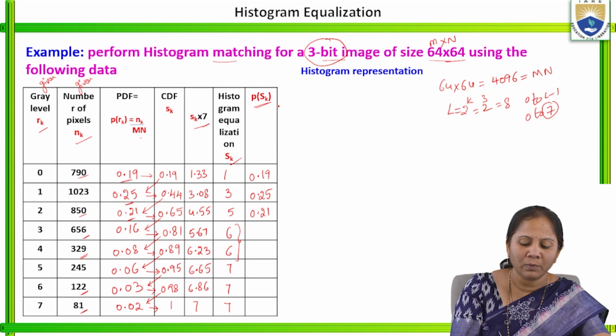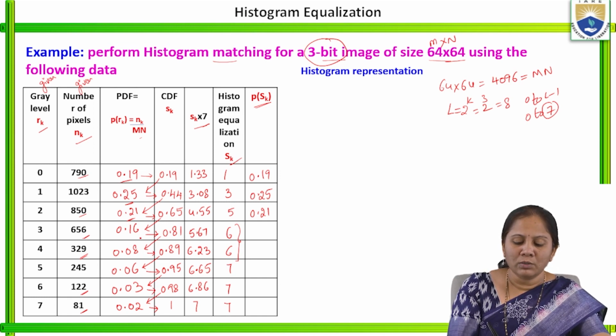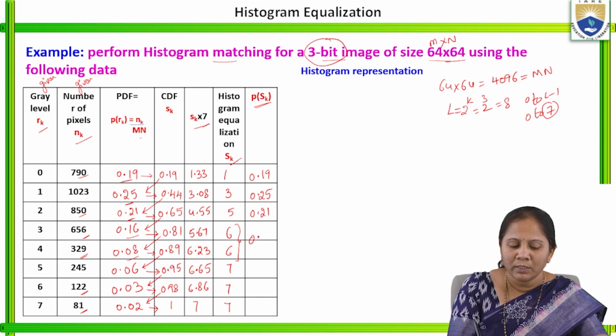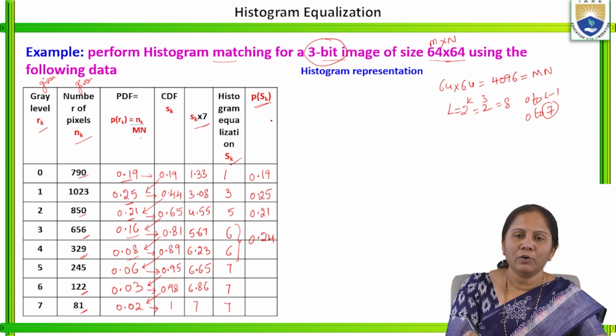Here we have 0.16 and 0.08. So what we have to do is add these two. 0.16 plus 0.08, we are going to get the value 0.24. So for 6, the value of P of SK is 0.24.